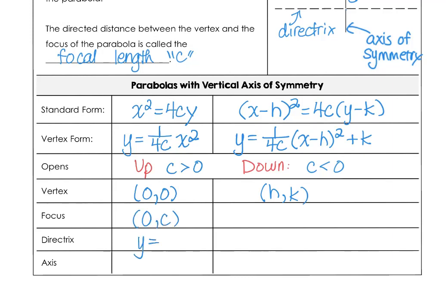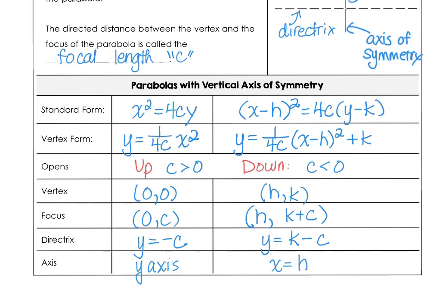The directrix is y equals the opposite of c, and our axis of symmetry is the y-axis. On our transformed parabola, the focus is at h, and then we have to add the c value to the k, and the directrix is the k value minus the c, and our axis of symmetry passes through the x value of the vertex.